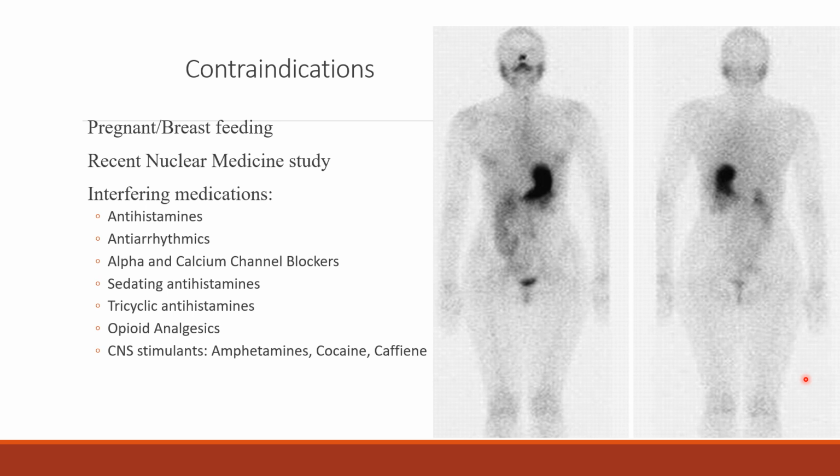Precautions should also be taken when withdrawing any of the medications on the list. Withdrawal of drugs and replacements should be discussed with the referring physicians. Alpha or adrenergic neuron blockers are another one that's in there.